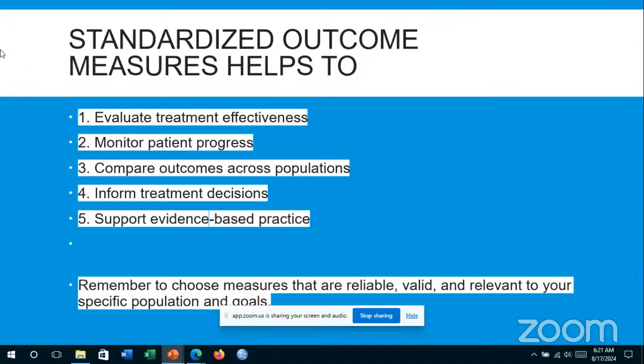It helps to determine the smallest change in an outcome measure that is considered clinically important. There are many of these standardized outcome measures. This scoring method helps rehabilitation professionals quantify patient progress, evaluate treatment effectiveness, and inform data-driven decisions.